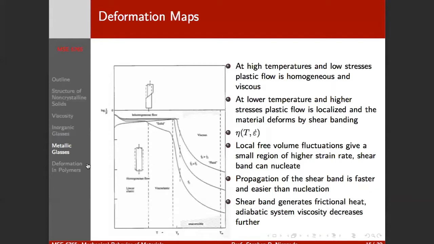Once plastic flow starts, our sample breaks. Why? What actually happens there? Plastic flow becomes localized and we initiate shear banding, right? So all of our flow becomes localized in a very thin band, right?